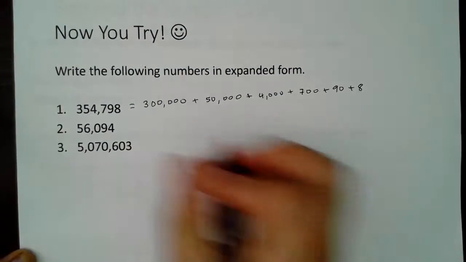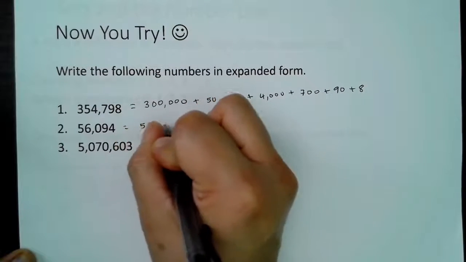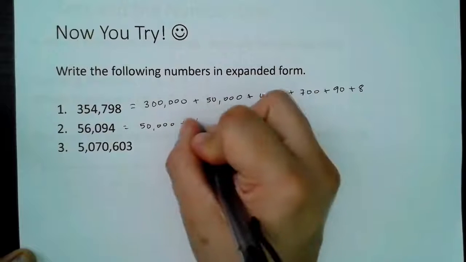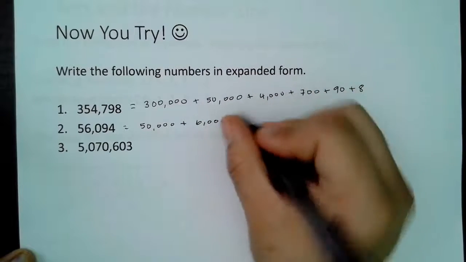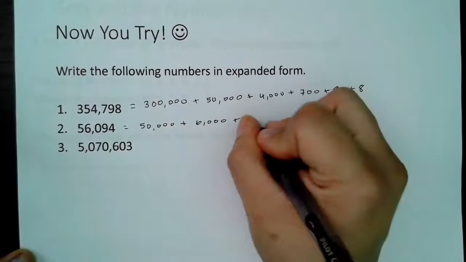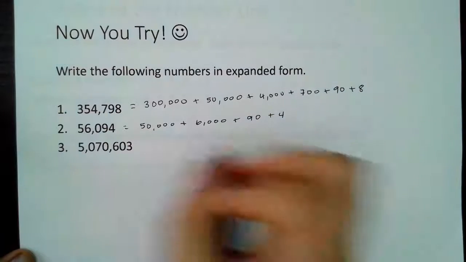Okay, and then here you would have 50,000 plus 6,000, plus 0 for the hundreds, so we would just leave it out, then plus 90 plus 4.